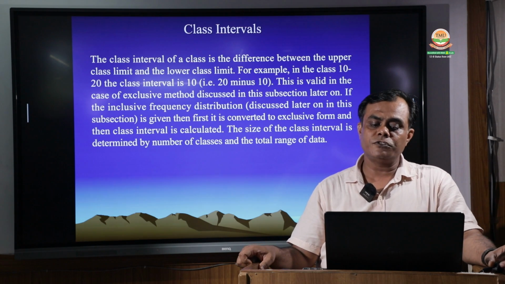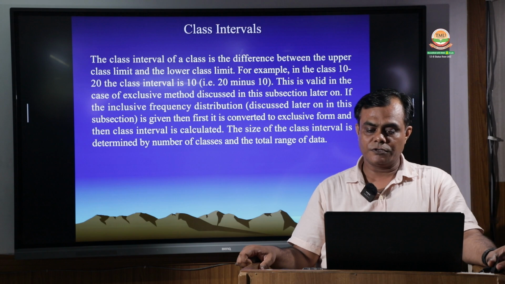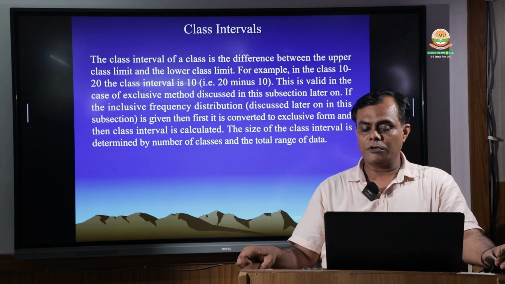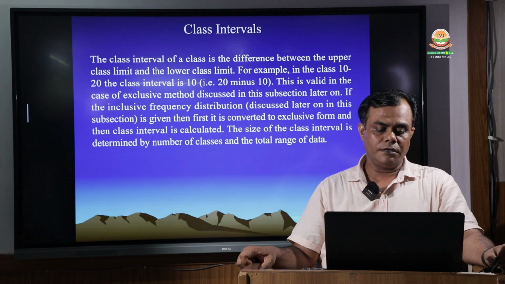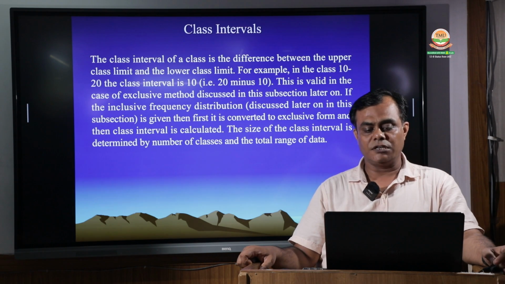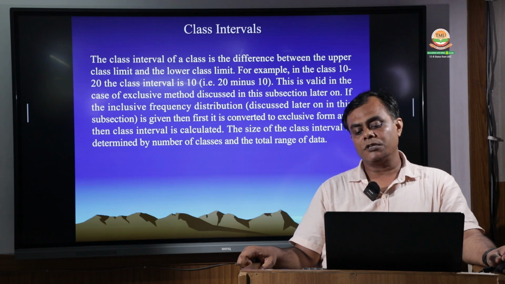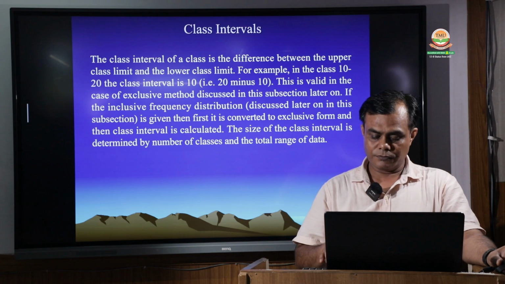The inclusive frequency distribution is also discussed later; first we cover the exclusive form, and then the class interval is calculated. The size of the class interval is determined by the number of classes and the total range of the data.